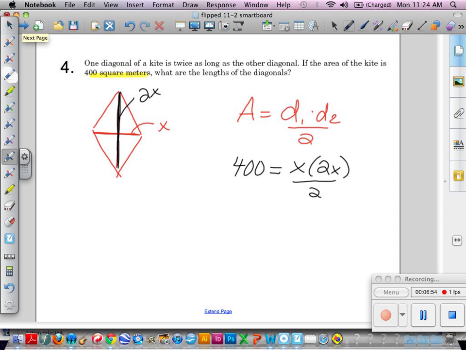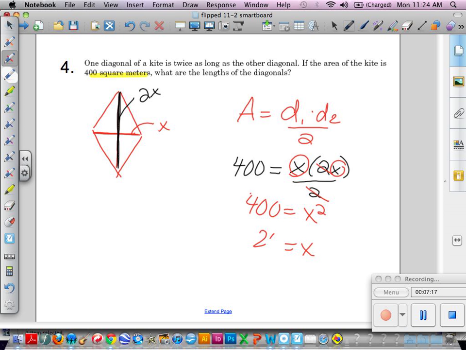So now you're going to go ahead and cancel right here and right here. So 400 equals X times X, which is X squared. The square root of 400 is 20.